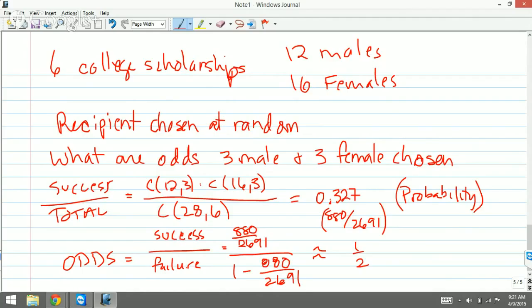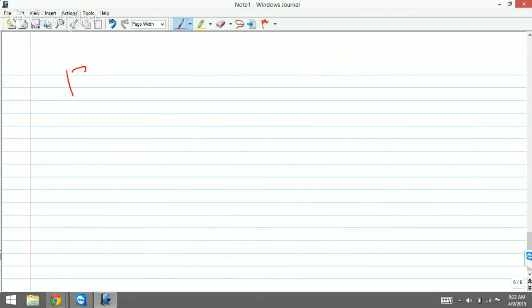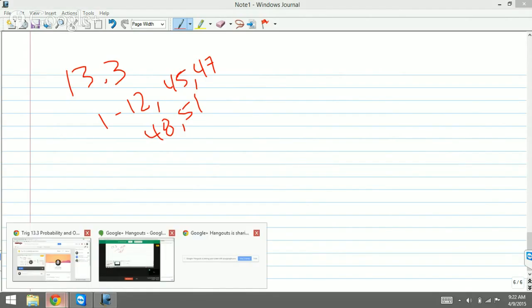So if you need to use your book, it's a good resource on this one. We're in 13.3. I skipped 13.2. And that's what we're going to be working on.